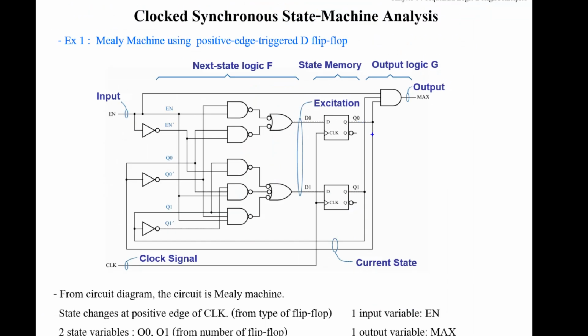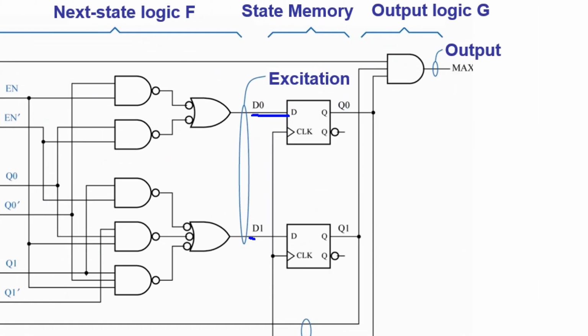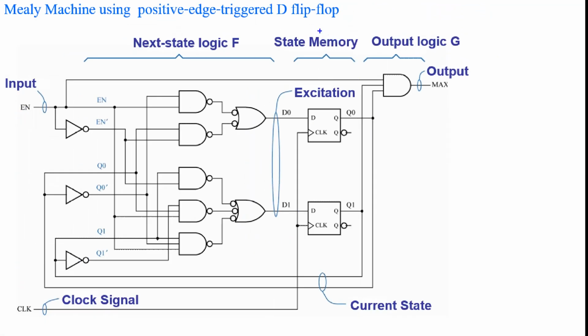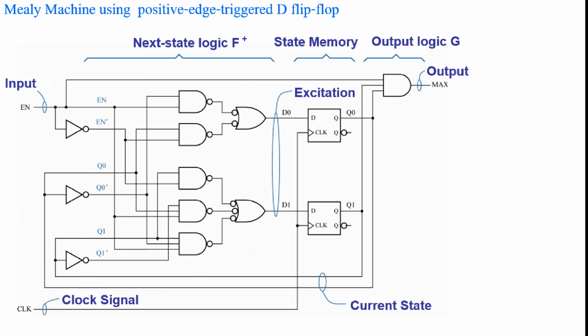And the input of a flip-flop is called the excitation signal. So there are two, D0 and D1. And this part of the circuit is the next state logic F. And there is only one external input, EN, and one output, Max.